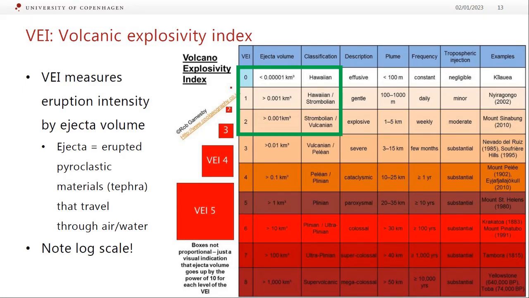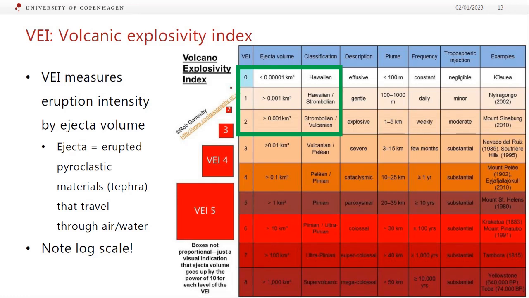I want to introduce a concept called the Volcanic Explosivity Index, which is a way of measuring the eruption intensity and how explosive it is. They measure this using the ejecta volume. Ejecta are erupted pyroclastic materials, also referred to as tephra, that travel through the air and water before hitting the ground.